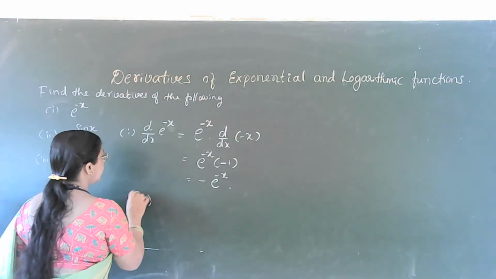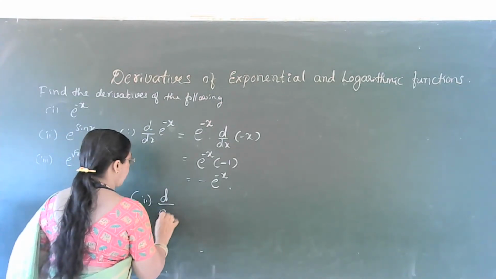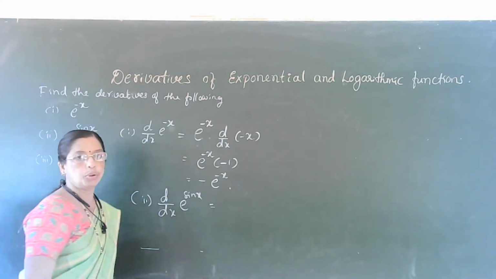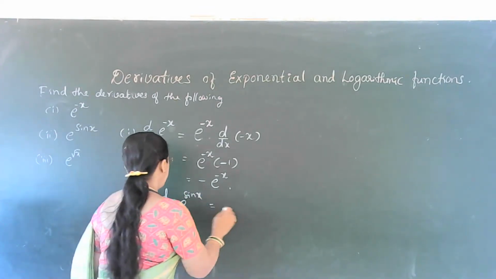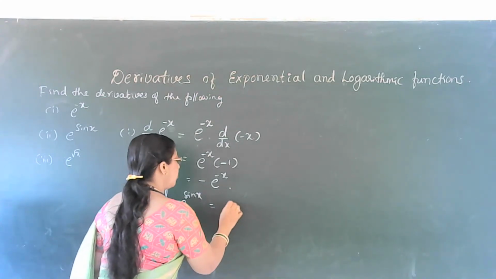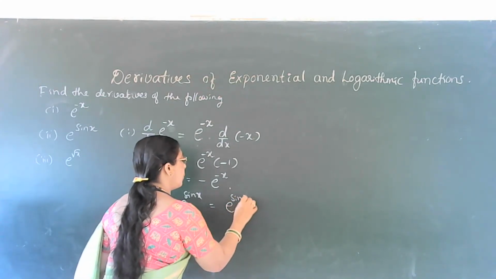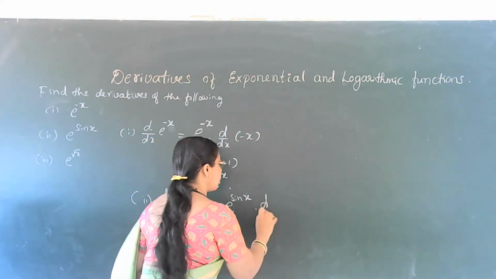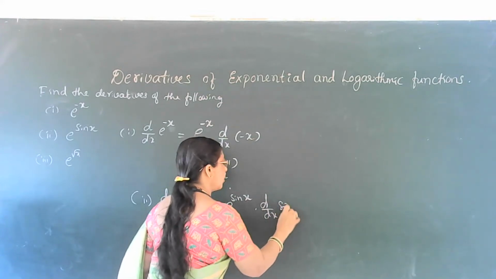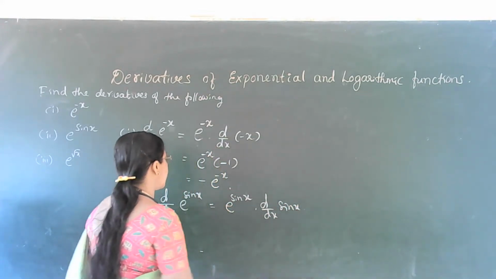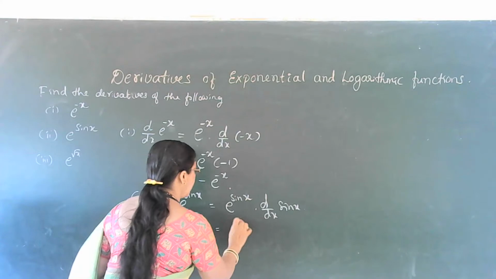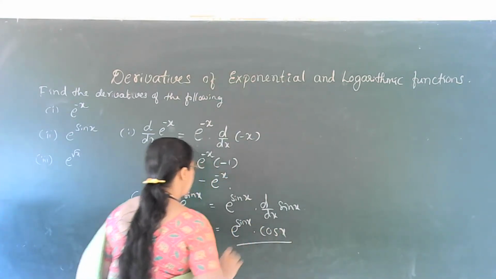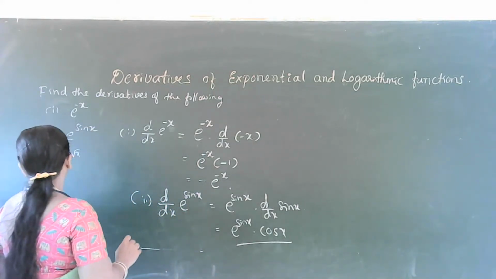Then the second one, d by dx of e to the power sin x. Here the derivative of e to the power sin x is e to the power sin x itself, then d by dx of sin x, which is cos x. Therefore, e to the power sin x into cos x is the derivative of the function.